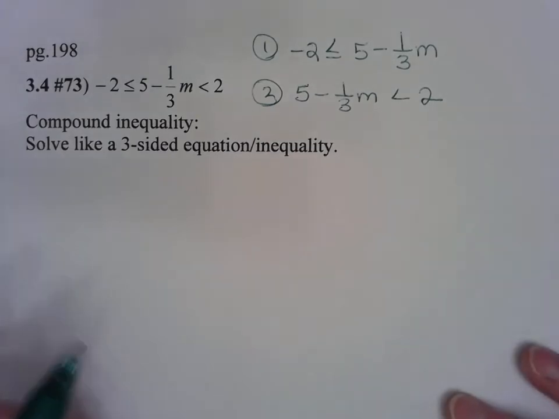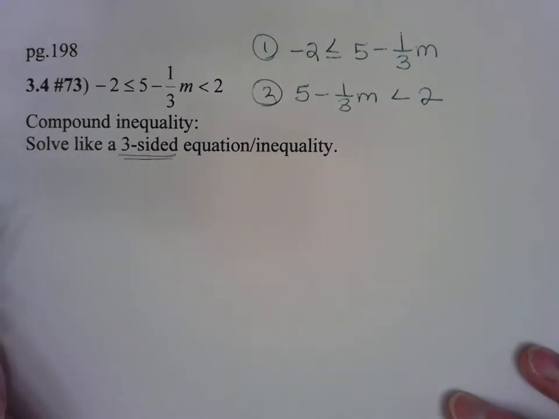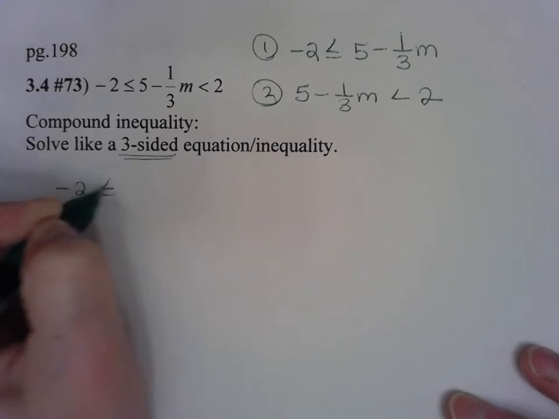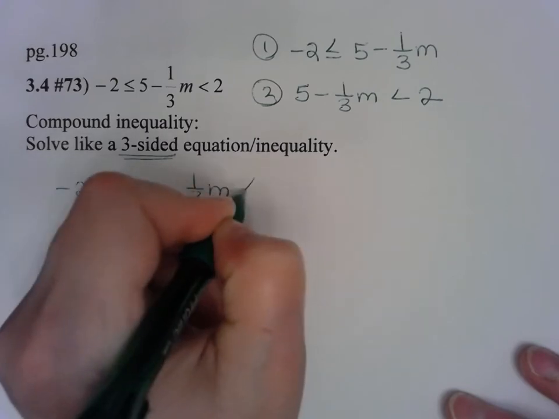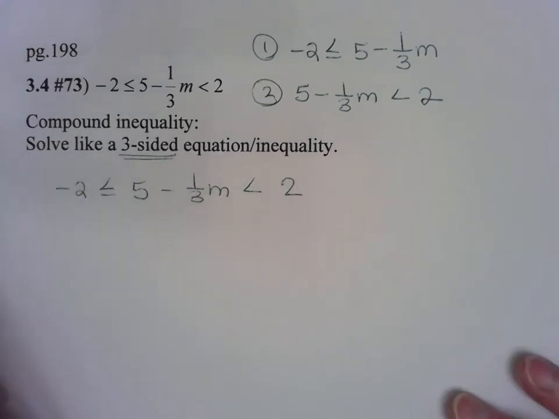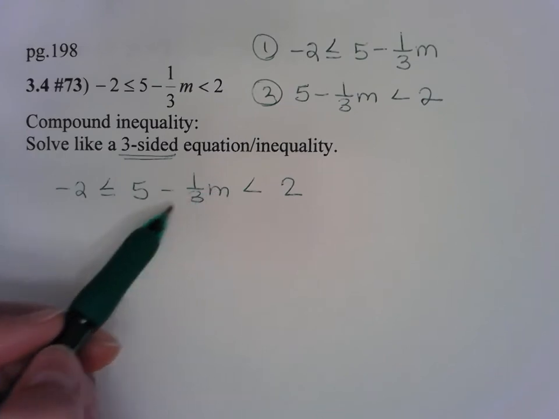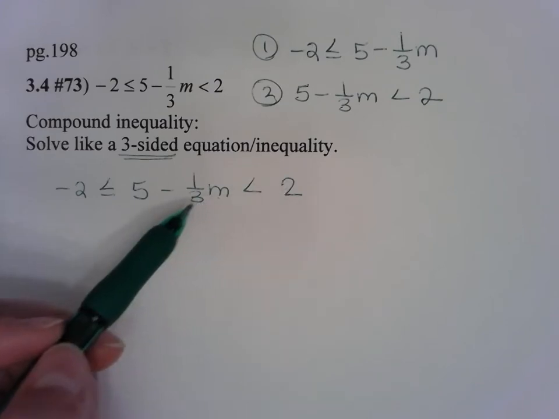so you can choose which method you prefer. Okay, I'm going to solve it like a three-sided equation, which means I'm going to do everything to all three sides. So when I do that, I need to get the variable by itself in the middle. I don't want to move the variable to the right or to the left.